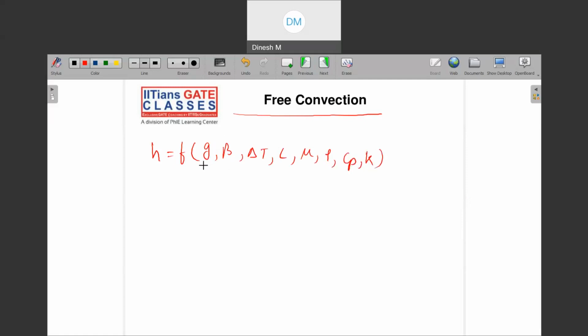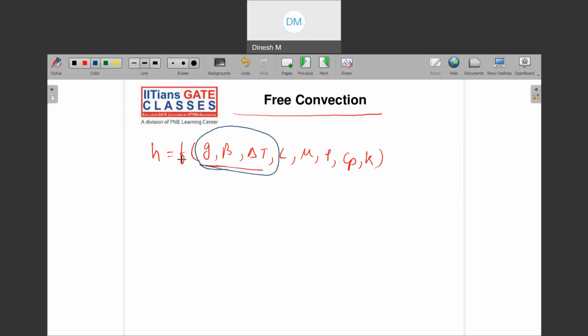Why is it dependent on g, beta and delta T? Because density changes are very much dependent upon these, and flow conditions are also dependent upon gravity.